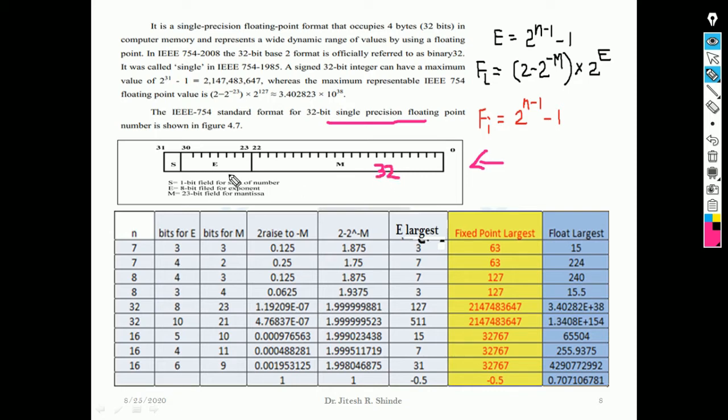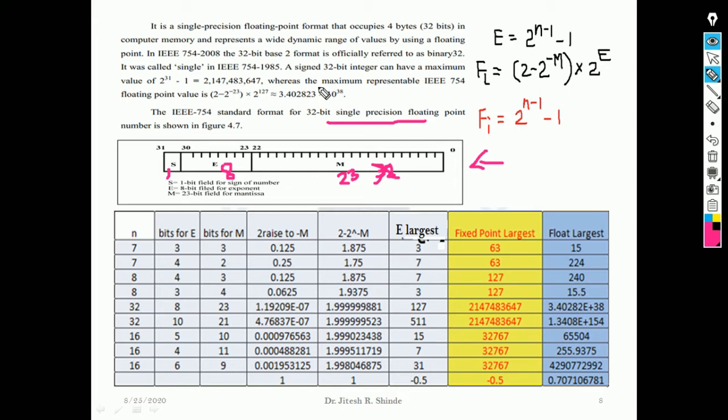For the exponent, the number of bits allocated is 8. For the sign field, the number of bits allocated is 1. Sorry, for the mantissa part, the number of bits allocated is 23. Bits 0 to 22 imply the number of bits allocated is 23. 23 plus 8 plus 1, the result is 32.